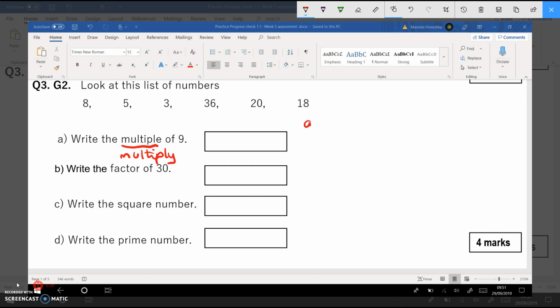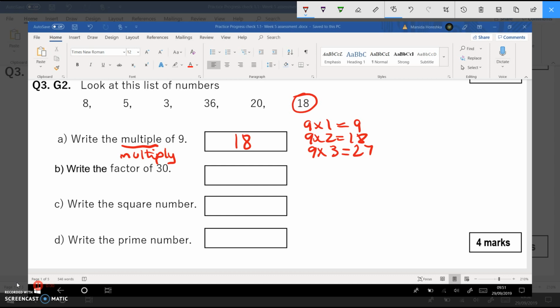So that means you multiply 9 times 1, and that gives you 9. 9 times 2, 18. 9 times 3, that's 27. 9 times 4, 5, and so on. So these are the multiples of 9. 9, 18, 27, 36, 45, 54, and so on. Which one of these numbers is appearing here? And that's 18. So 18 is a multiple of 9.